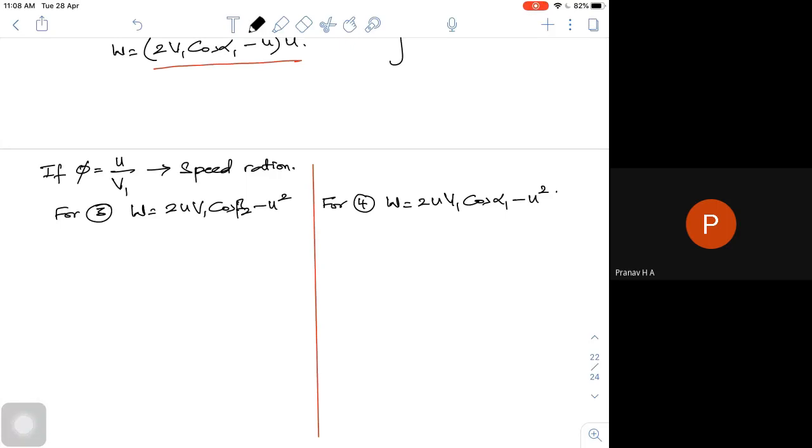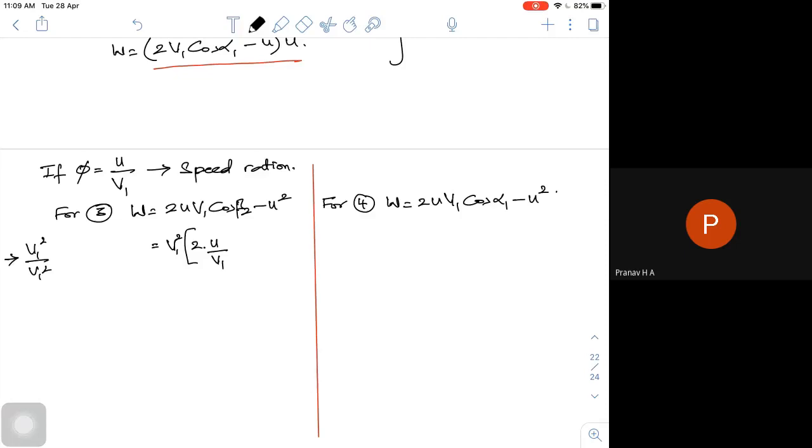Now if I substitute phi is equal to U by V1 square and try to simplify this, if I take my V1 square outside, I can write this as 2U by V1, multiplied and divided by V1 square throughout.